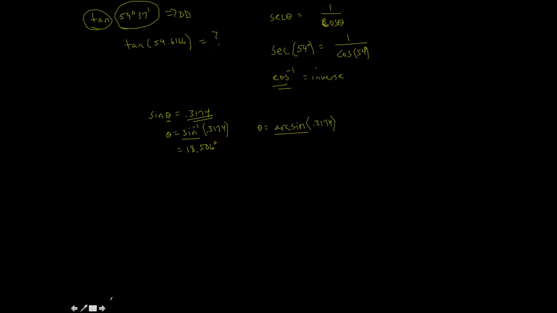Now, let's actually solve some triangles. So, for instance, we have this triangle. We know that this is 124 meters. This angle is 35.7 degrees. This is a right angle.